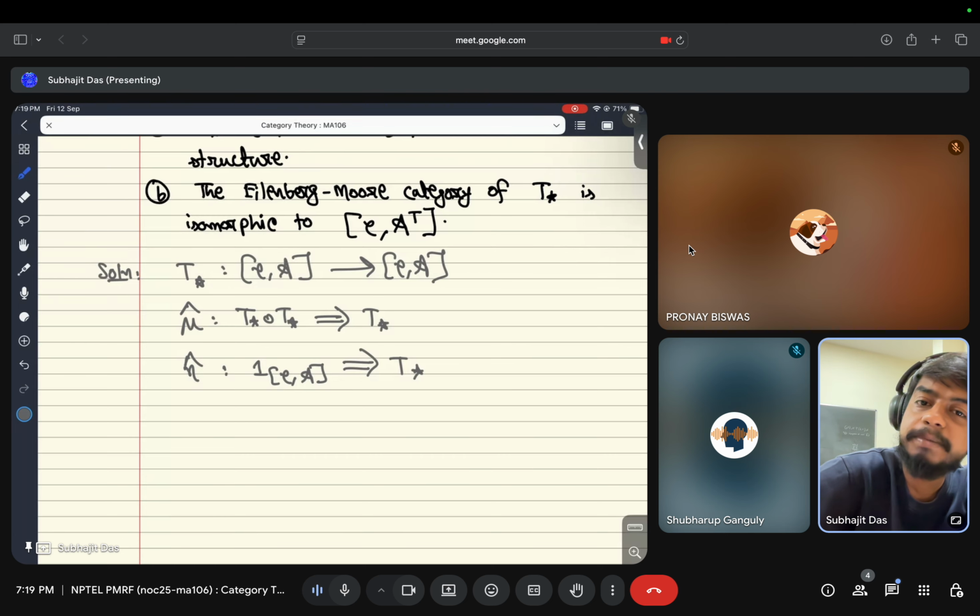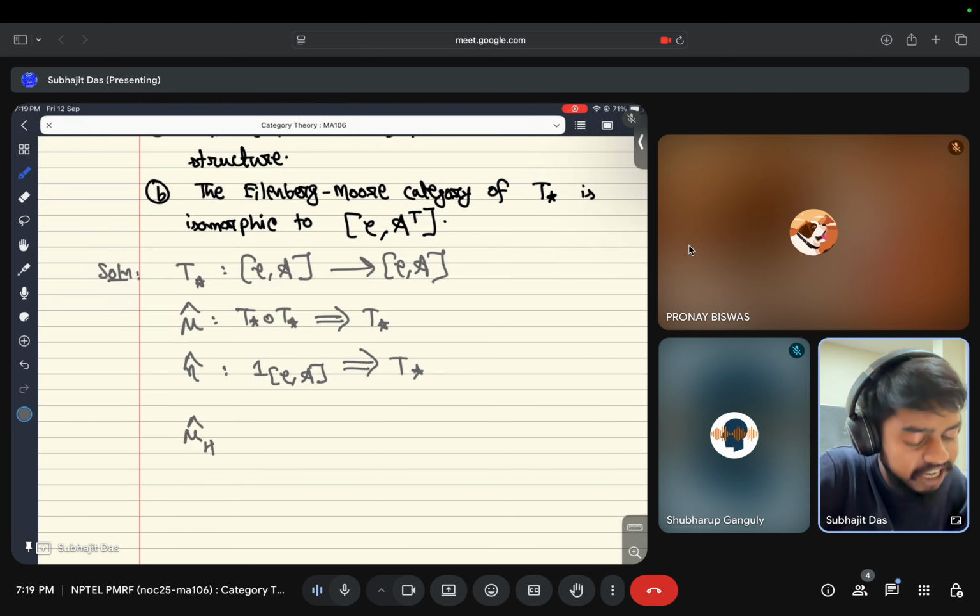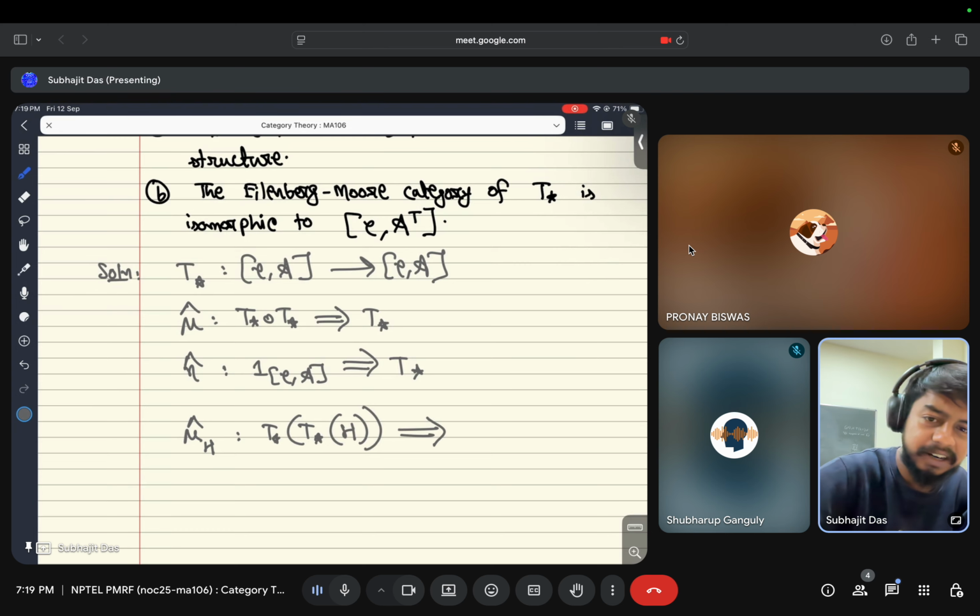These are functors from C comma A to C comma A. Defining a natural transformation is just defining the components of the natural transformation. So take any object in C comma A, let's say H. What should we define mu hat H as? So mu hat H should be from T star of H, since these are functors, I am writing a fat arrow here for the component as well.